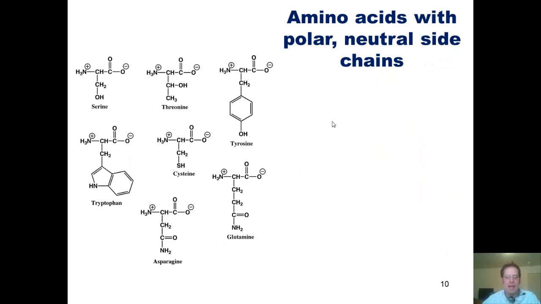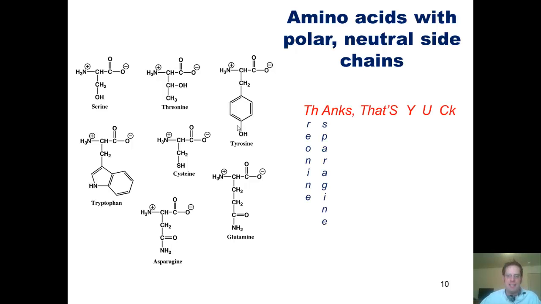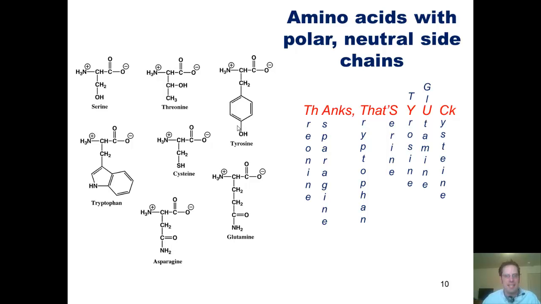For remembering the amino acids with polar neutral side chains, those shown here, you might consider remembering the acronym phrase, "Thanks, that's yuck." Threonine, asparagine, tryptophan, serine, tyrosine, glutamine, and cysteine.